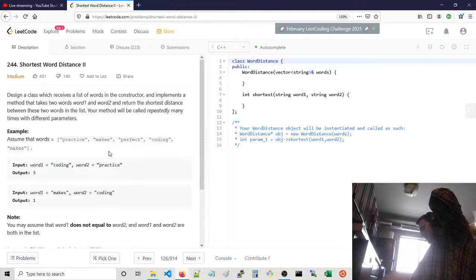Log of n times m, or log of n plus log of m. That's what I'm looking for. However, it's not obvious how to do that at all. I'm going to think about that some more.